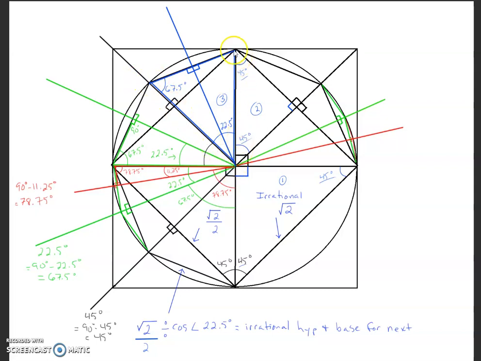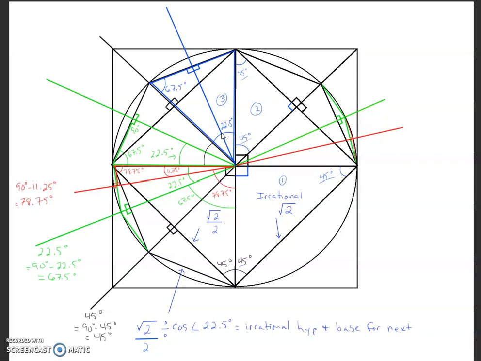So we know that right in here, this is a 45 degree angle. And we've taken this triangle and split it right in 2. So right at the base, we're at the halfway point, we run a line perpendicular, and now we have 22 and a half and 22 and a half.